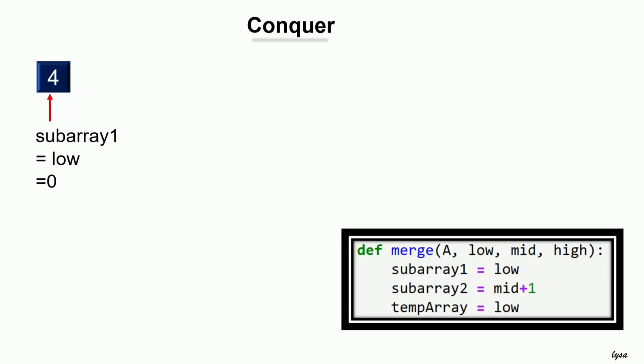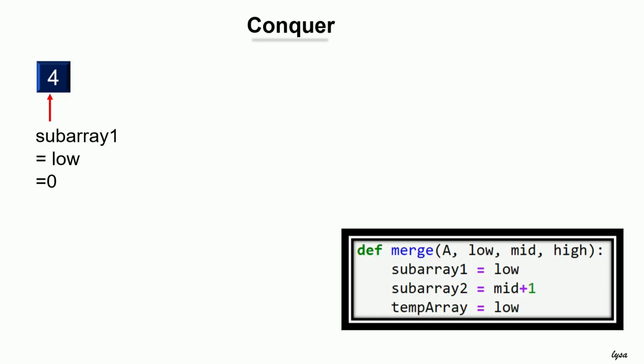In other words, subarray 1 is a variable which holds the indices of the left sublist, and subarray 2 is pointing to the second, or right, sublist and has the indices of the right sublist.